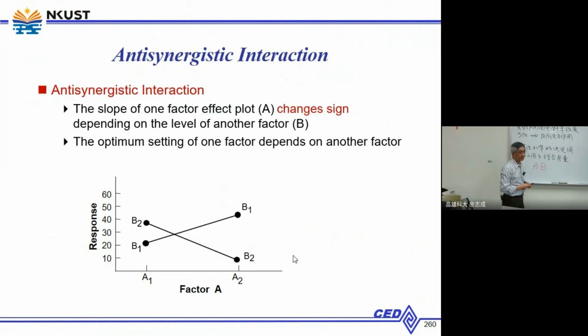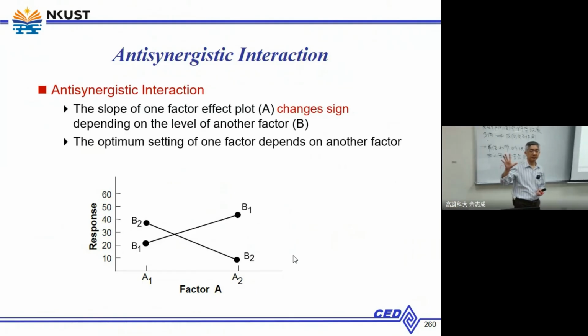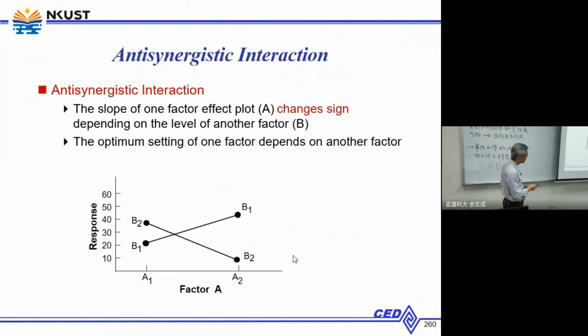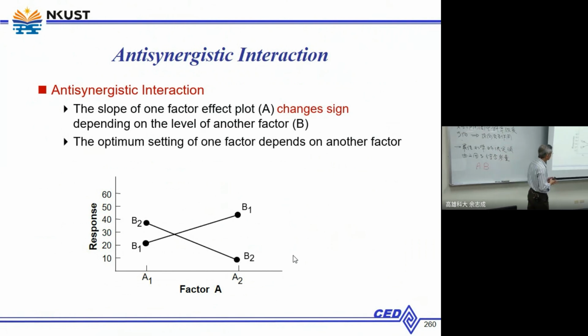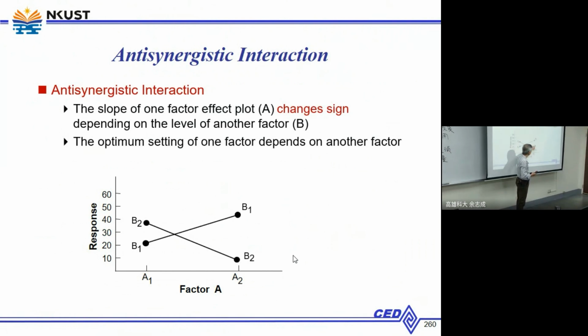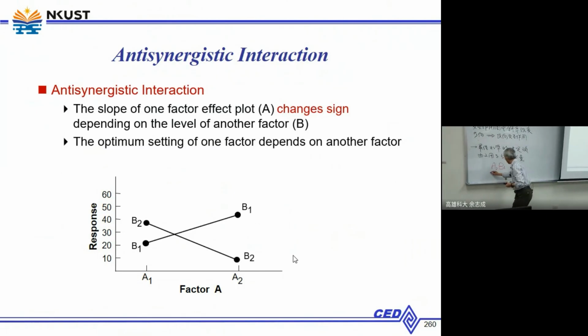Which combination is better? How do we do it? Look at these four numbers. Which combination will give you the highest SN ratio? This one, right? This one will give you the highest. And which combination is it? This is A2, B1. So here you should select A2 and B1.